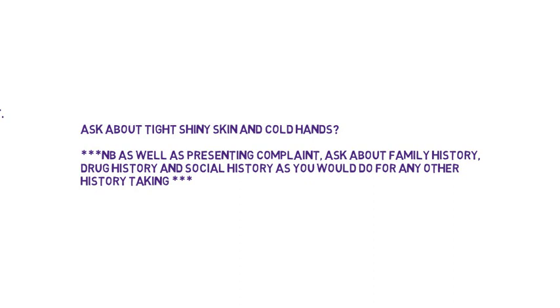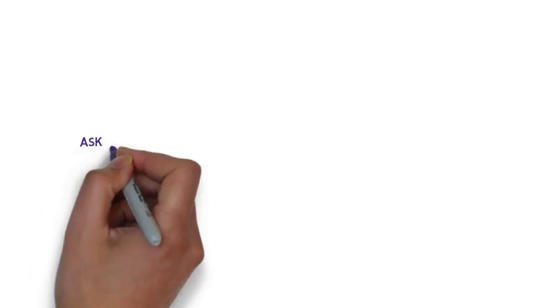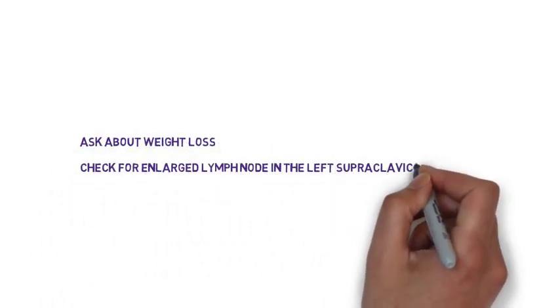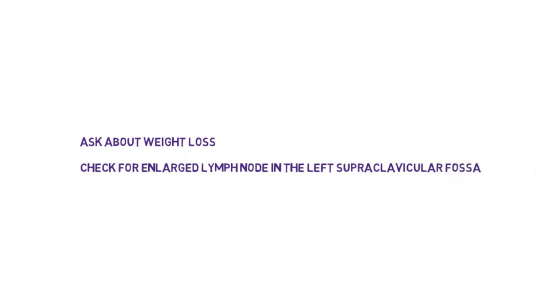Or you could even ask about visual changes such as double vision that show that you're thinking of myasthenia gravis. If you are considering esophageal cancer, inquire about weight loss. On examination, you may find a lymph node in the left supraclavicular fossa, and this is strongly indicative of an upper GI malignancy.